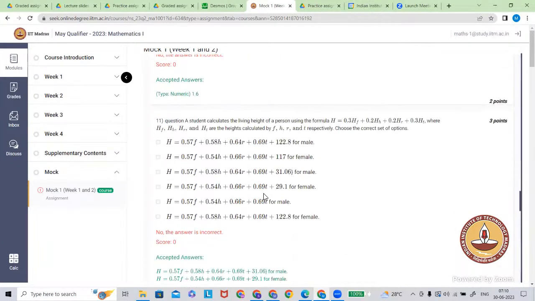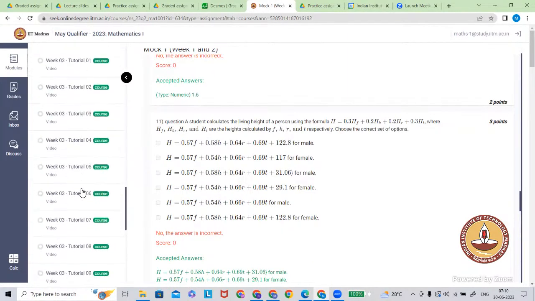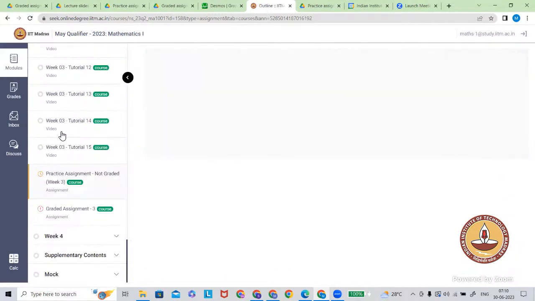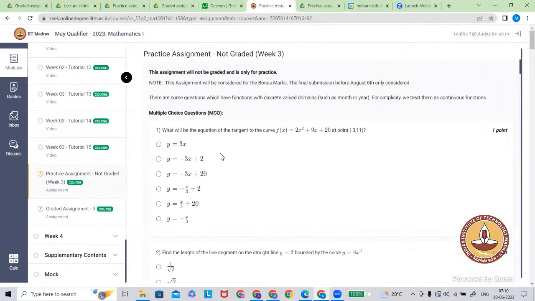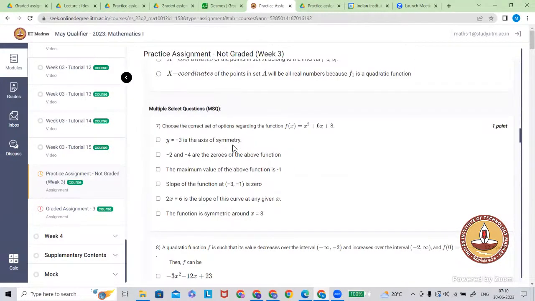This is Tripti. I have a doubt in the week 3 practice assignment. It's just a silly doubt. In question number 7, option 3, we have an equation. For the maximum, x is -3, and at -3 the value of y is -1.